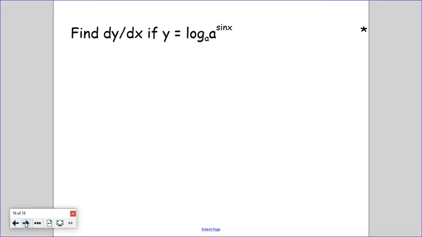Okay, so a log base something other than e, right? Our rule says that it's going to be one over the insides, which would be a to the sine x, times the natural log of the base, times the derivative of the insides.